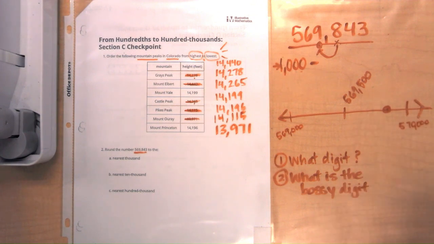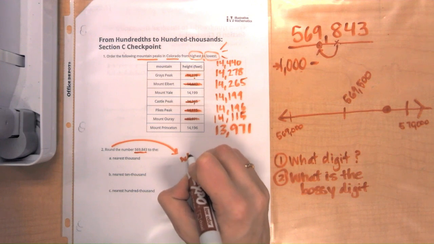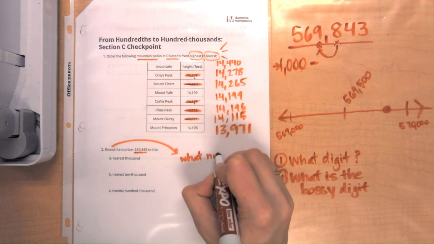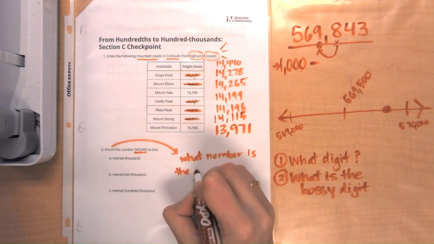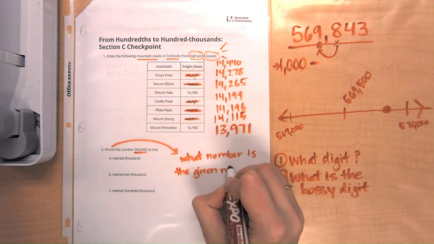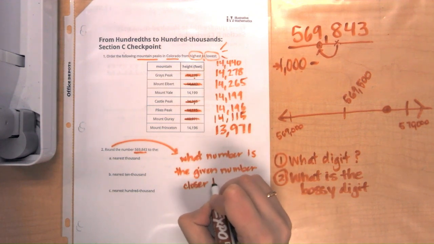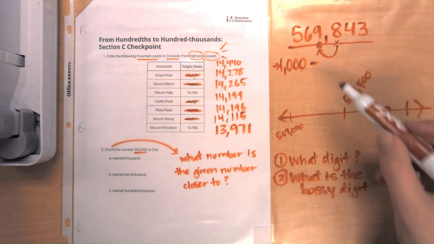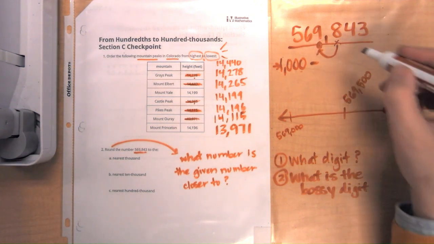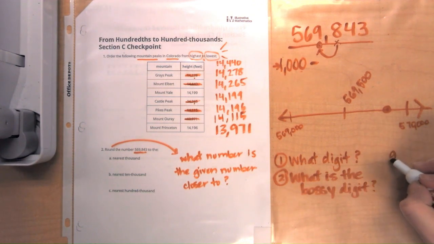And so the question we're asking when we round is, what number is the given number closer to? That is the question we're asking. And so what digit are we talking about? The 9. What is the bossy digit? The 8. Then we know we need to either go up or we need to stay.